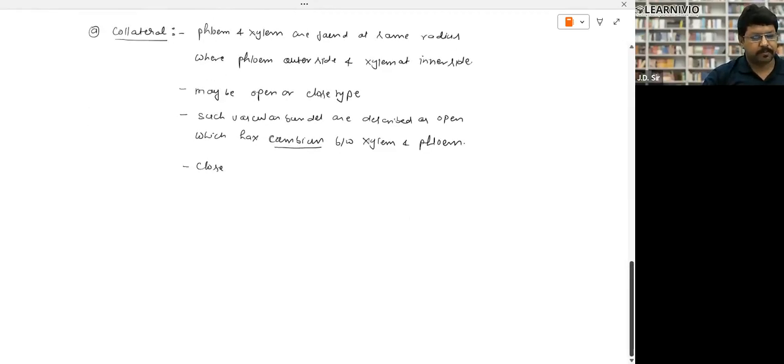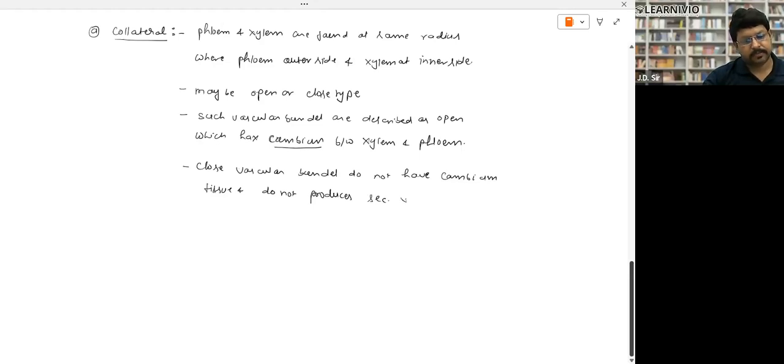Closed vascular bundles do not have cambium tissue and do not produce secondary xylem and secondary phloem.